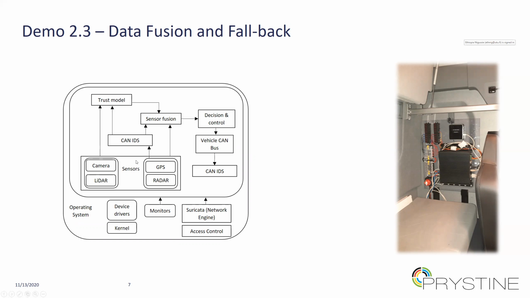We have the sensors here, the intrusion detection system, the fusion, which also takes into account the trustworthiness of the sensors and their data, and of course decision and control, which allows for the actuation.